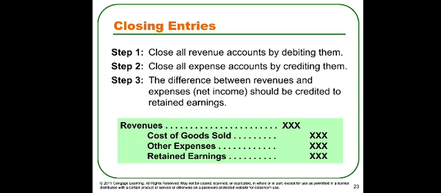The revenue accounts have credit balances, so you have to debit the accounts to make them zero. And the expenses accounts have debit balances, so you have to close all the accounts by crediting the accounts. Okay.